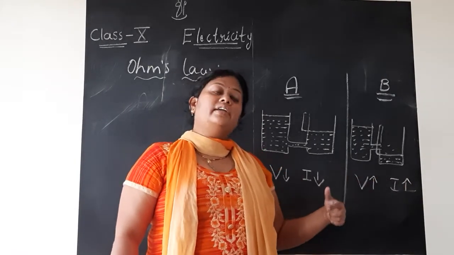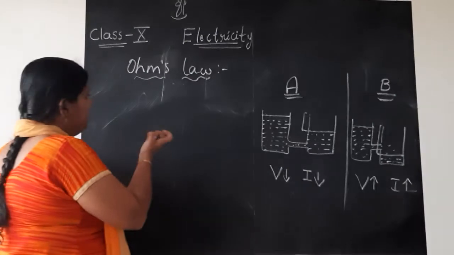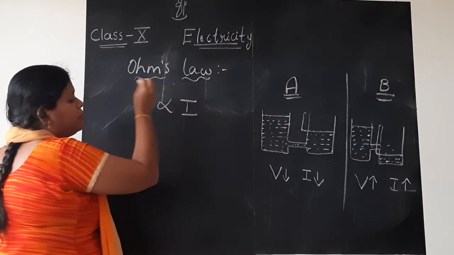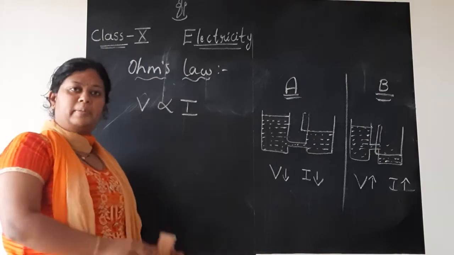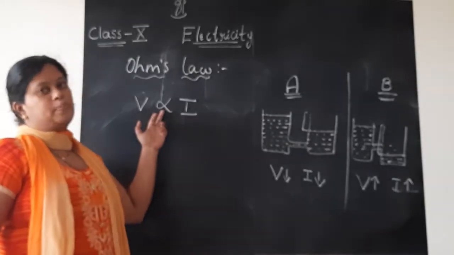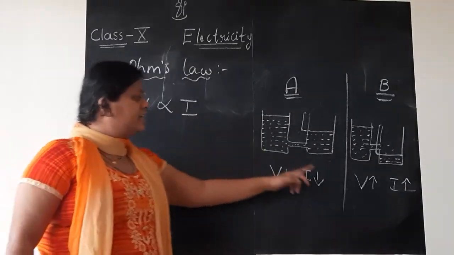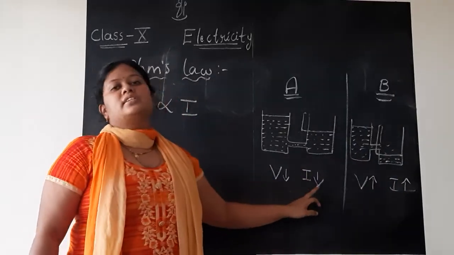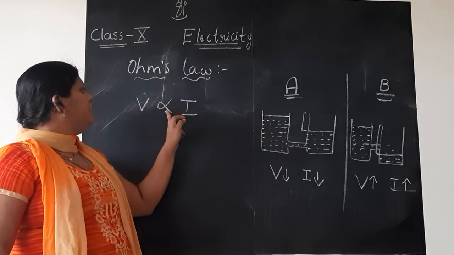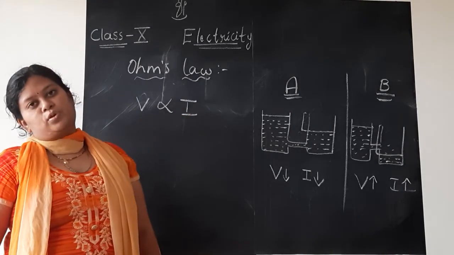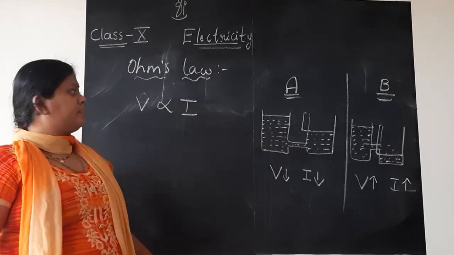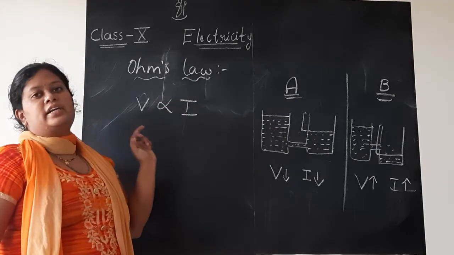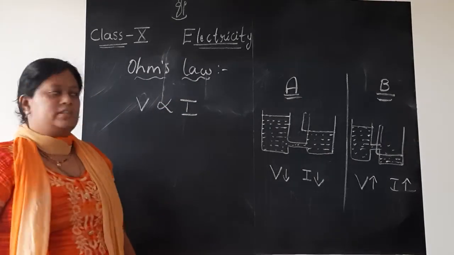How do we relate it in terms? If one increases, the other also increases means V is directly proportional to I. You all remember the symbol, no? Directly proportional. If voltage increases, current also increases. If voltage decreases, current decreases, means V is directly proportional to I. We know that if we want to remove this proportionality, we should introduce a constant.